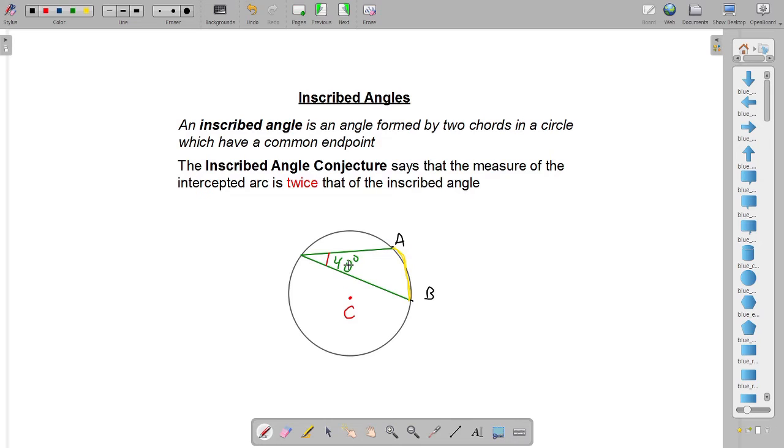So if my inscribed angle is 40, twice that will give you 80. So this intercepted arc is 80 degrees.